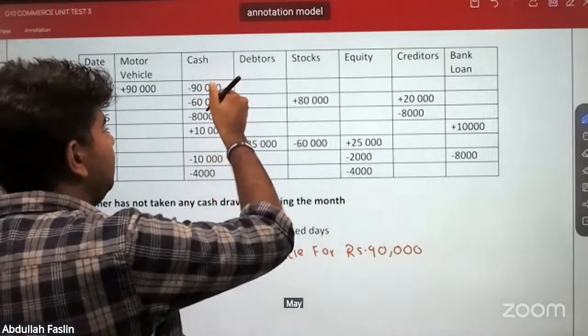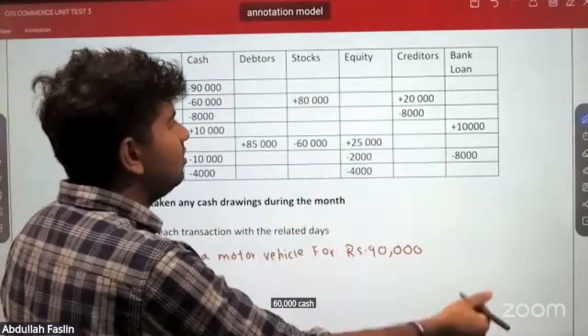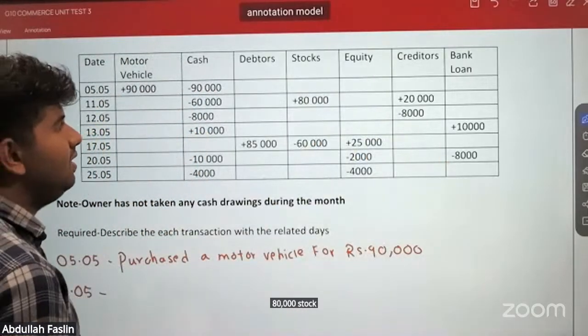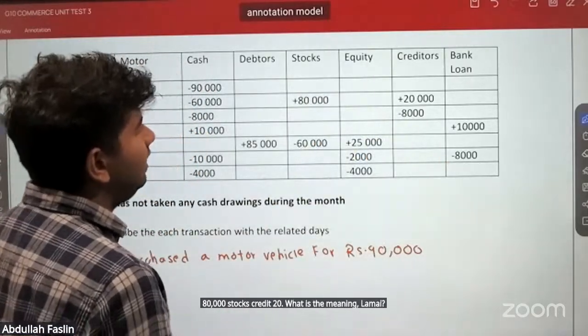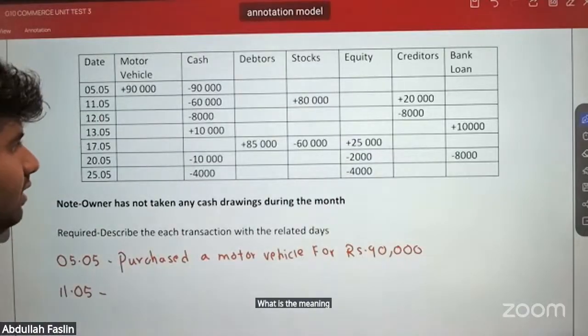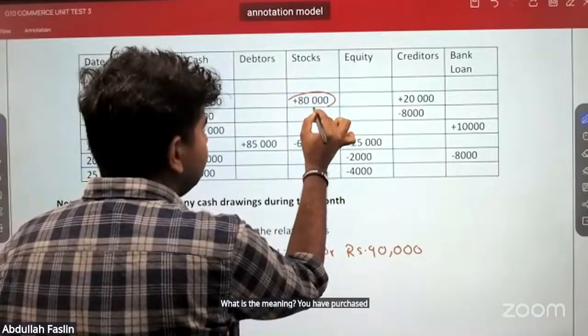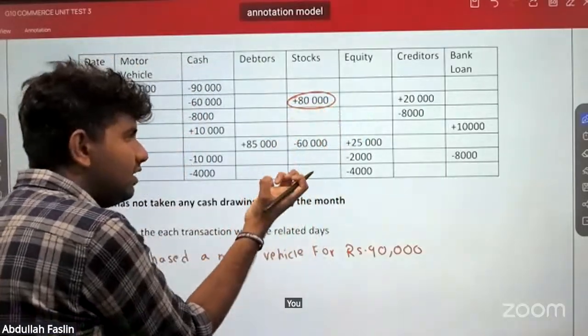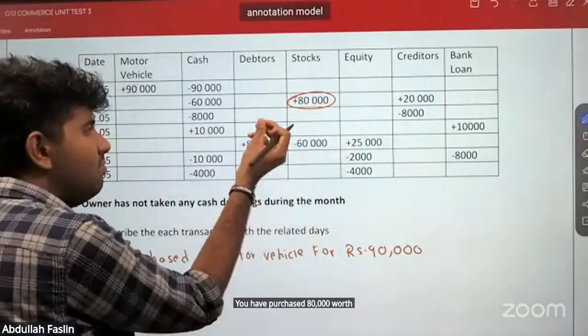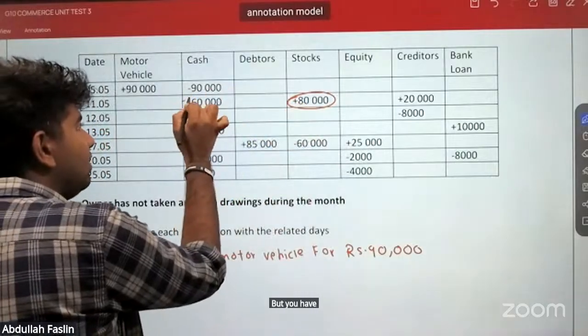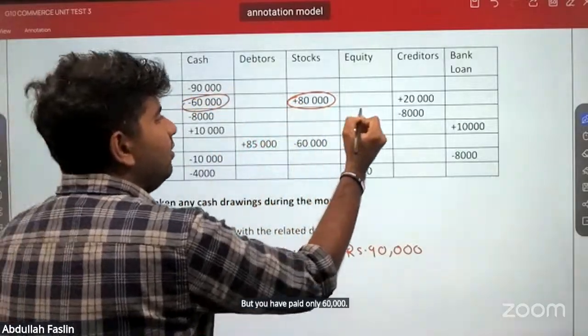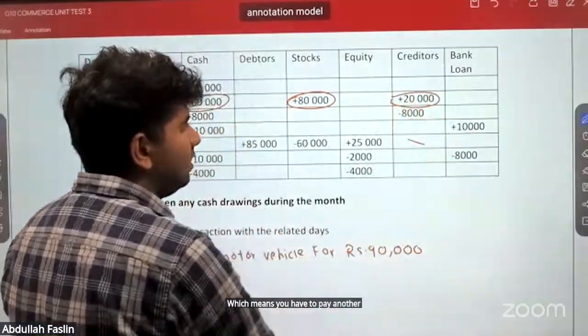Now the transaction number 2 on 11th of May. 60,000 cash, 80,000 stocks, creditor 20,000. What is the meaning? You have purchased 80,000 worth of stocks, but you have paid only 60,000, which means you have to pay another 20,000.